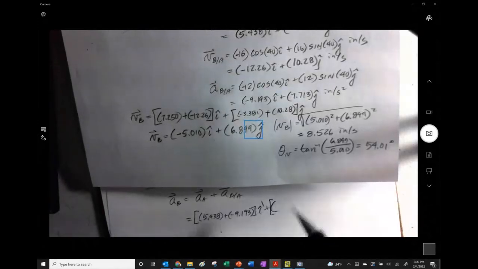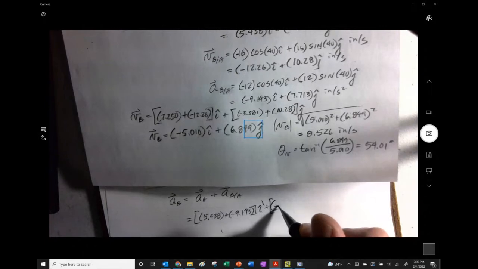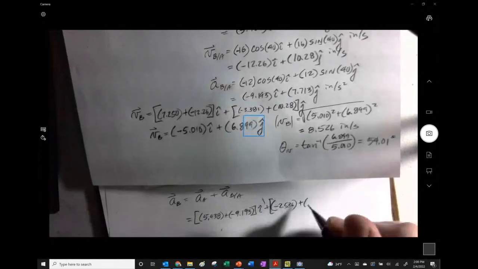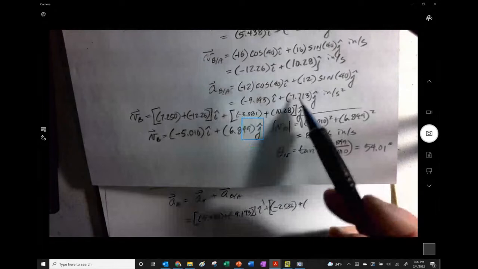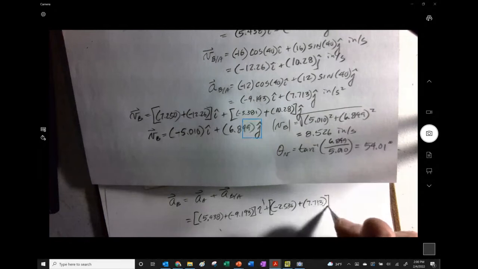And this y component of A was negative 2.536. We're adding in B with respect to A, which is a positive 7.713.